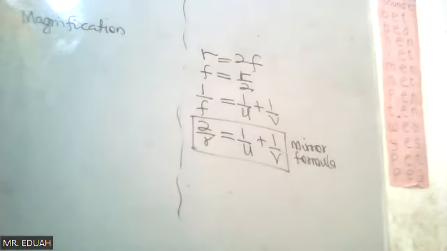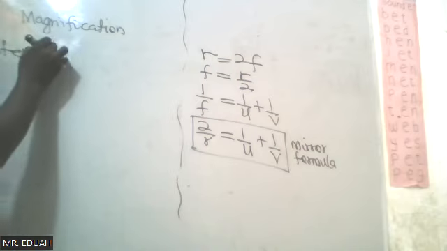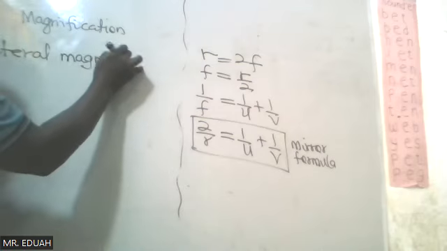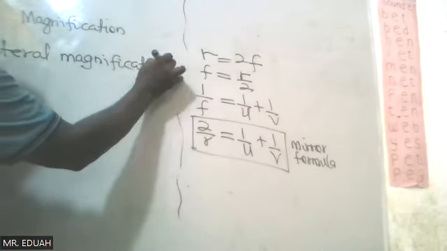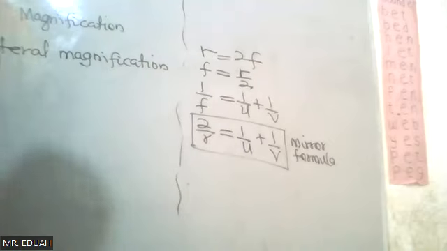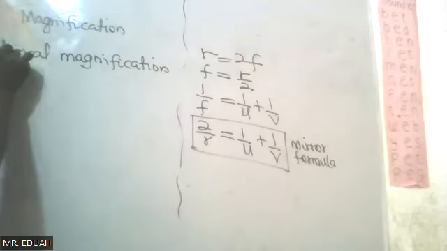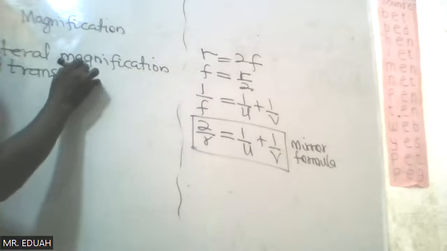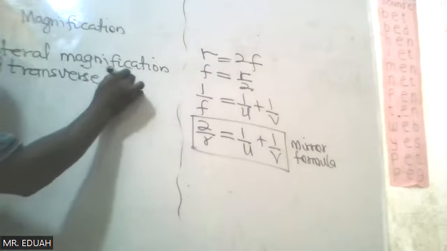Now, we have two different kinds of magnification. We have what we call lateral magnification and we also have transverse magnification.